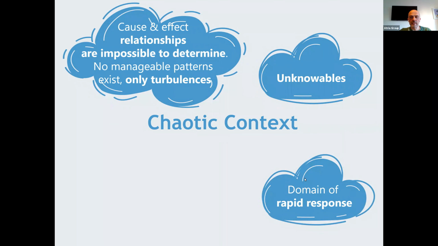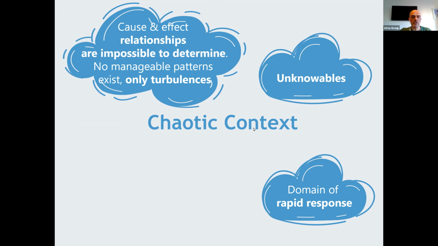And in such a context, this is the domain of rapid response. So just move as soon as possible. Try to move your team, your organization, your country, your family to some kind of stability. And then from there, start to find best practices and good practices that can help you to deal with the situation.